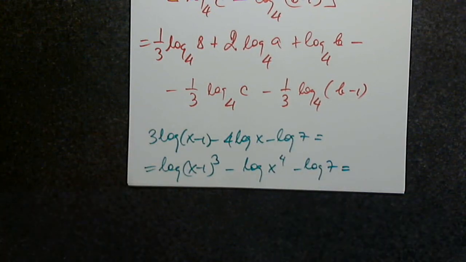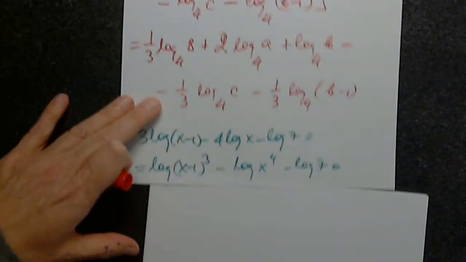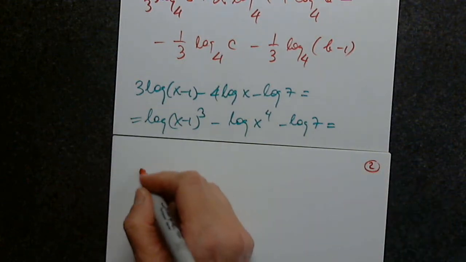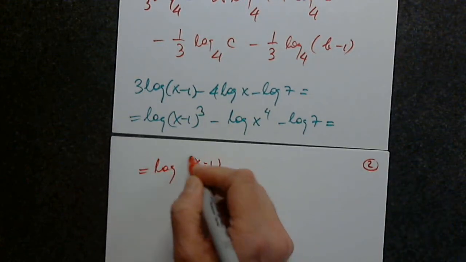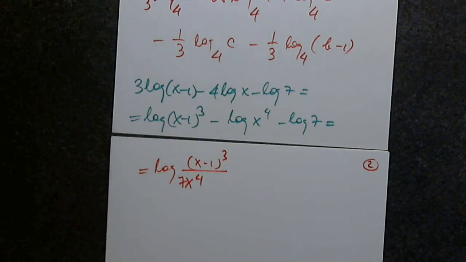By the principle that we just mentioned, those with a negative in front have to go back to the denominator. So log of x minus 1 to the 3rd over x to the 4th times 7. It's not over x to the 4th over 7. I'm not saying it's incorrect, but it's not fully simplified.